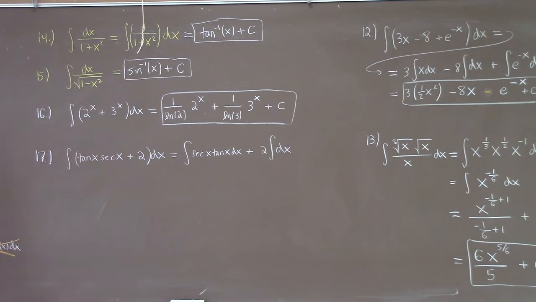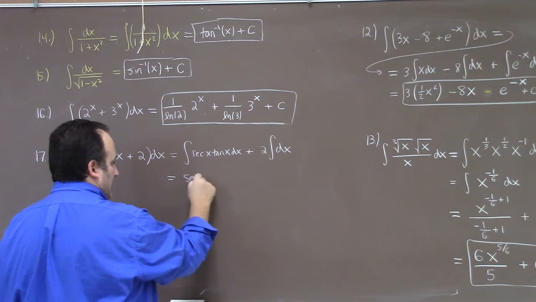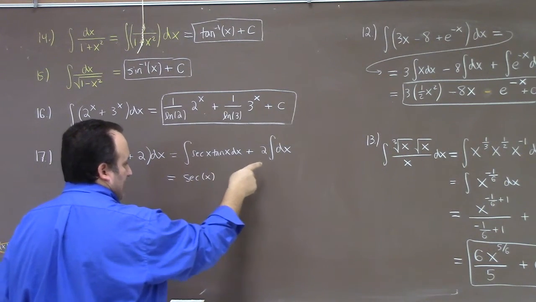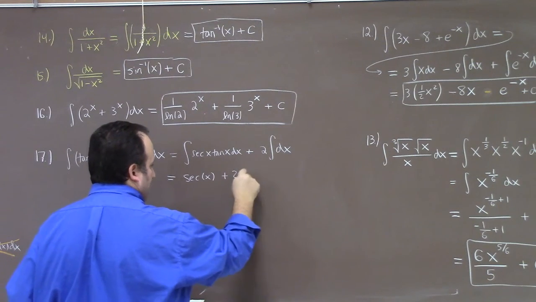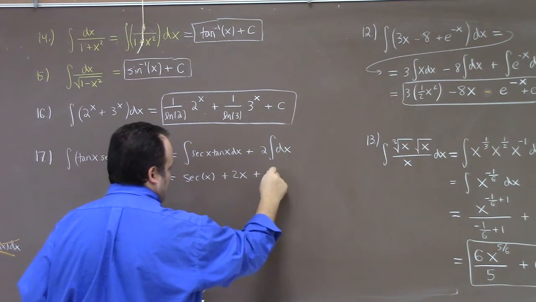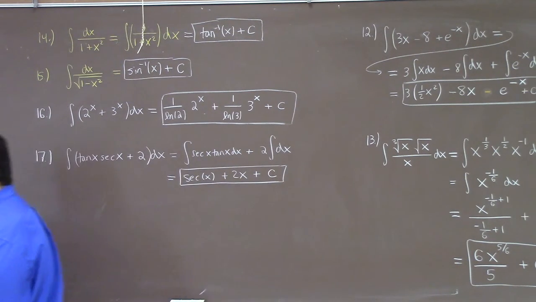But we know what function differentiates to secant tangent? Secant. So the integral of secant tangent is just secant of x. And what's the integral of dx? We just talked about that. It's x, right? So we have secant x plus 2x plus a constant. That's how it goes.